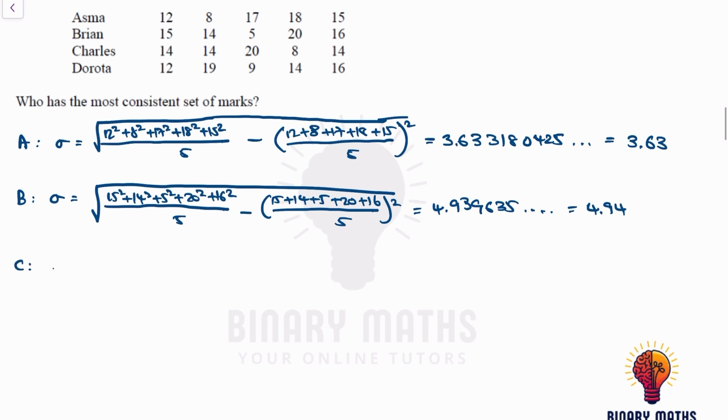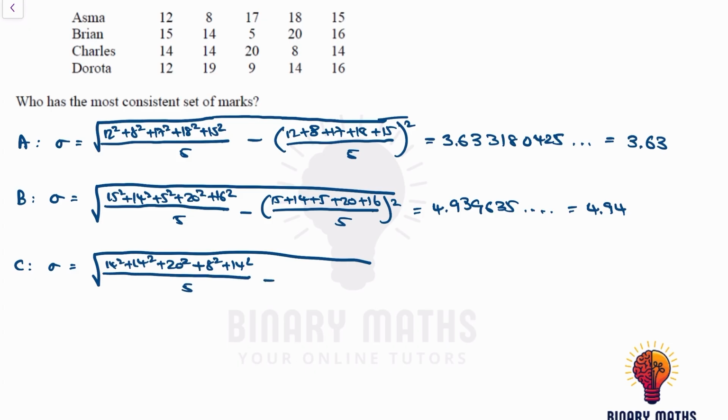So sigma will be equal to the square root of 14 squared plus 14 squared plus 20 squared plus 8 squared plus 14 squared all over 5, minus the mean squared, which is 14 plus 14 plus 20 plus 8 plus 14 all over 5 squared.